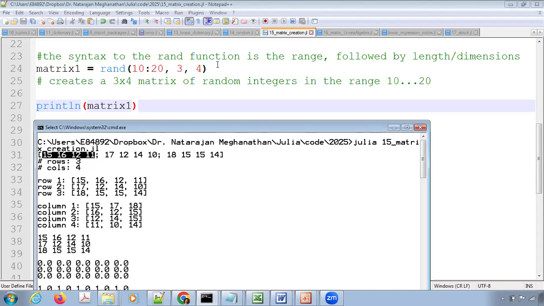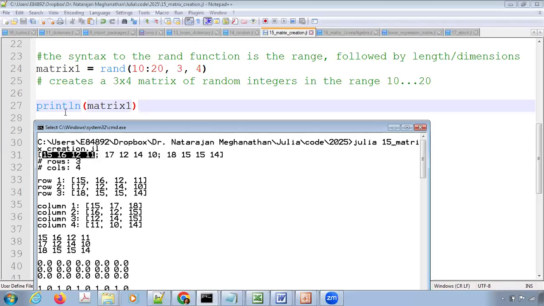Remember, this is a 3-row, 4-column matrix. This is the second row, and this is the third row. So it's printing row-wise. Each is like a row vector, and each row has 4 columns corresponding to the 4 columns in the matrix.